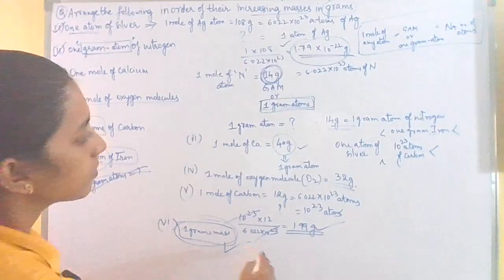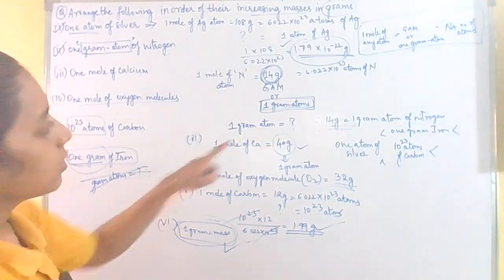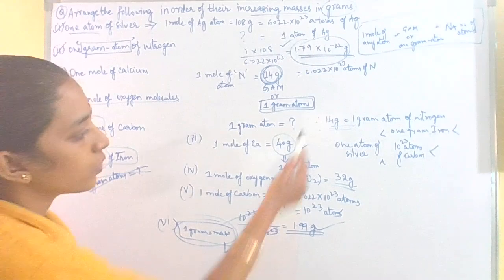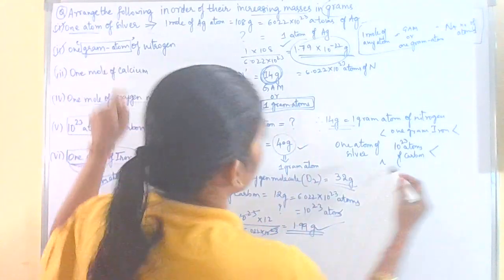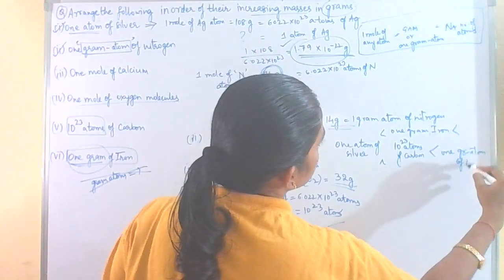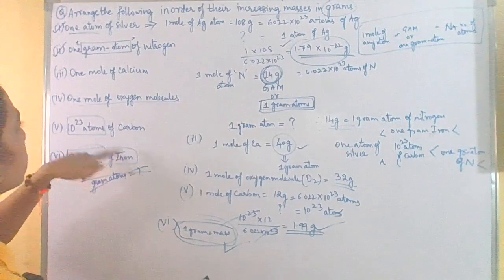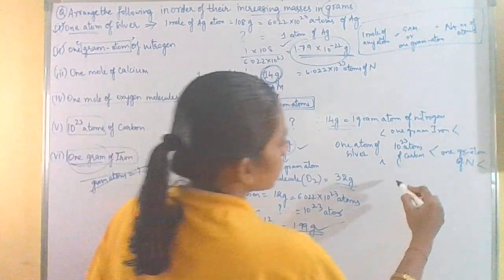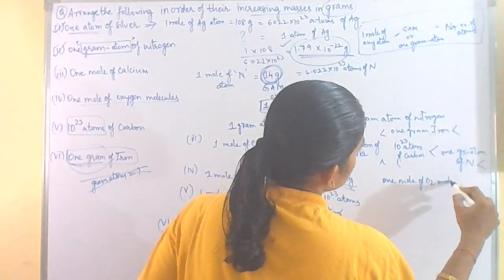Then after that we'll be taking 14, 32 and then 40. 14 is for 1 gram atom of nitrogen. Then we'll take 32 for 1 mole of oxygen molecules.